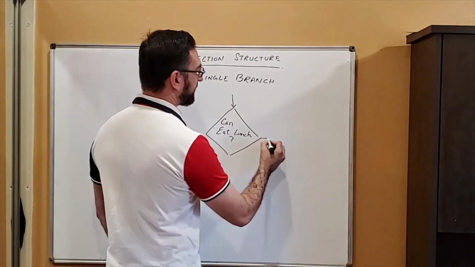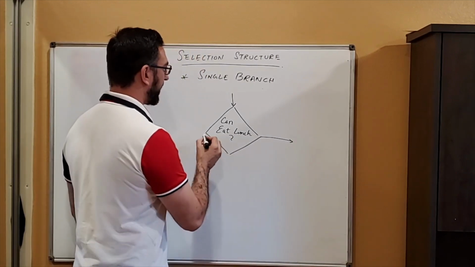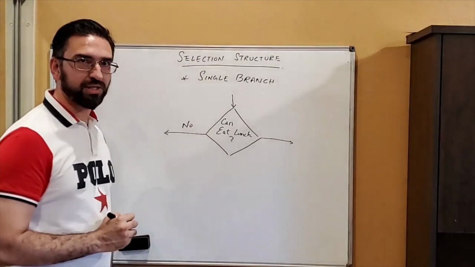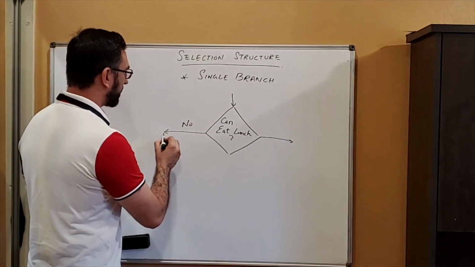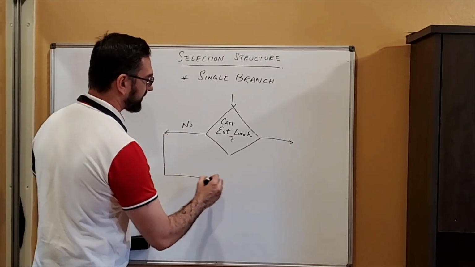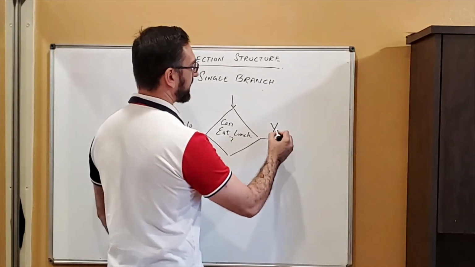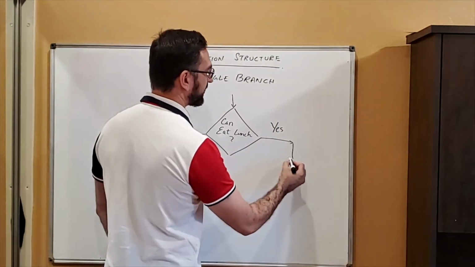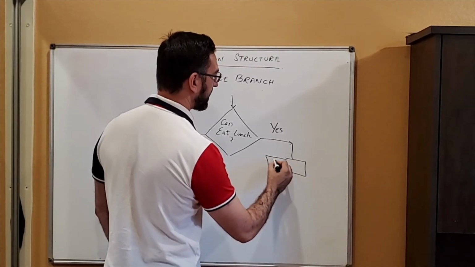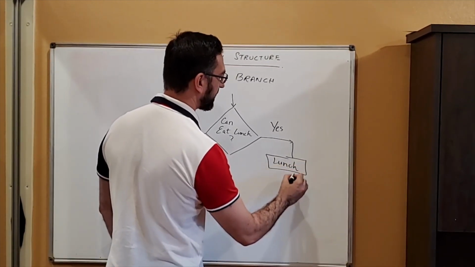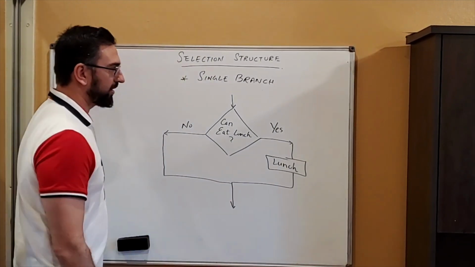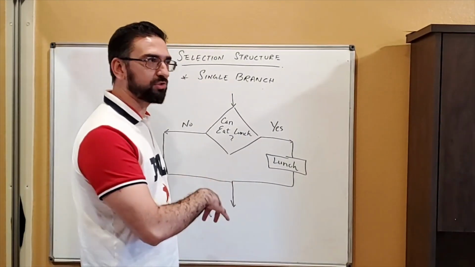If I'm fasting, then the decision comes out to be true, because in fasting I cannot eat my lunch. So I can skip that part, right? No lunch. But if I am not fasting, that means I can eat my lunch. So I come here and I say lunch. And I continue my program as usual.